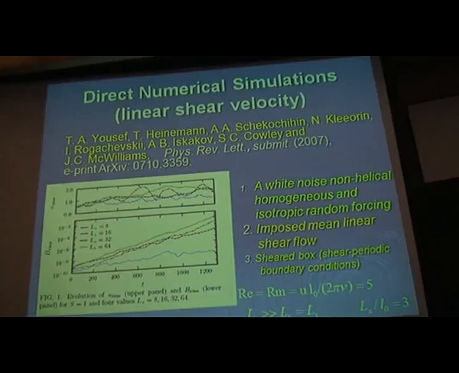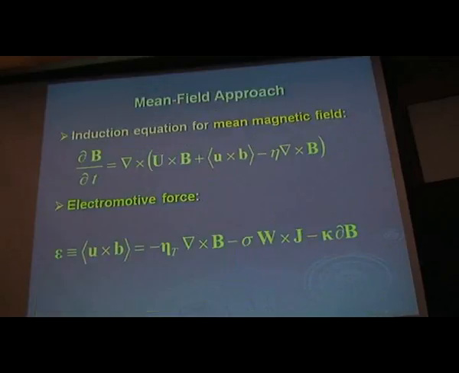Here I would like to stress that there is a forcing of turbulence that is white noise, non-helical, homogeneous, and isotropic random forcing, and a shearing box. So there is an imposed mean linear velocity shear in the system, and the Reynolds number is of order unity, so there is no small-scale dynamo, but nevertheless there is exponential growth of the large-scale magnetic field. We'll discuss the simulations and compare with the theory in the second part of this talk.